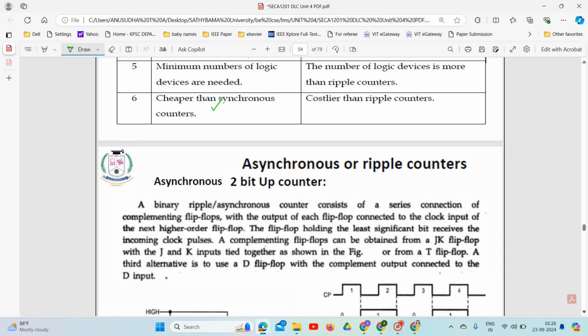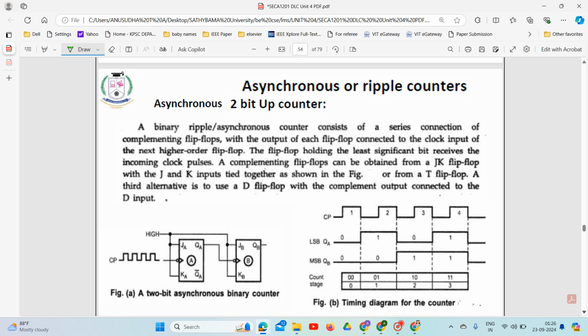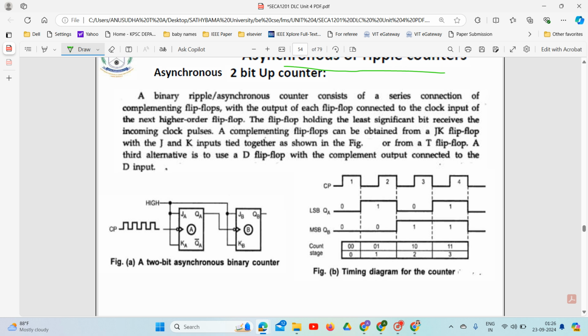Now we will discuss one asynchronous counter. It is a 2-bit asynchronous or ripple counter. We need two JK flip-flops. In order to perform up count or down count they are using the JK flip-flop.